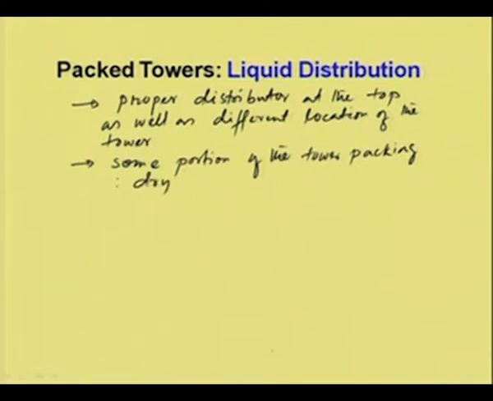So, if this is dry packing, which is inefficient for gas liquid mass transfer. So, ideally the liquid should be distributed at infinite points at the top, and for this there are various devices in use.